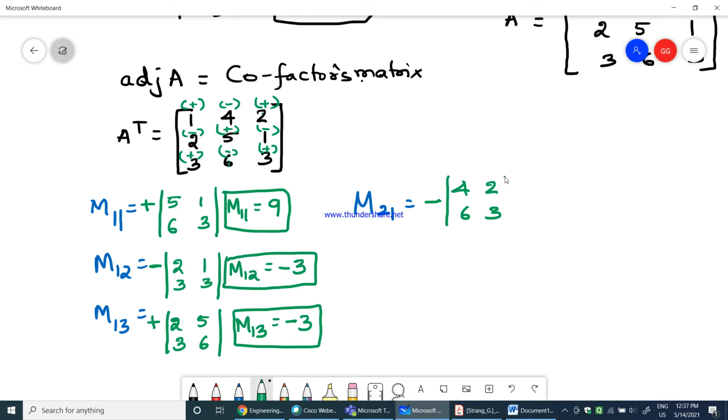So M21 is equal to 4 3s are 12 minus 6 2s are 12, which is 0. 0 into minus is 0 only. So M21 I got 0. Now let me go with M22 and M23.